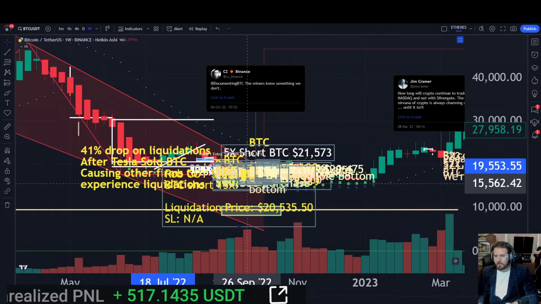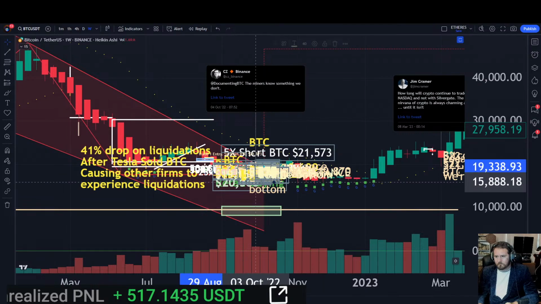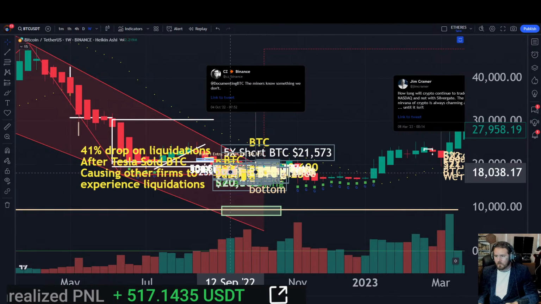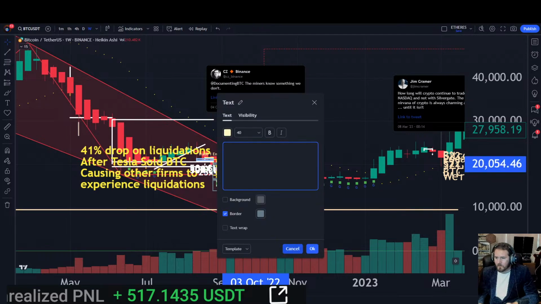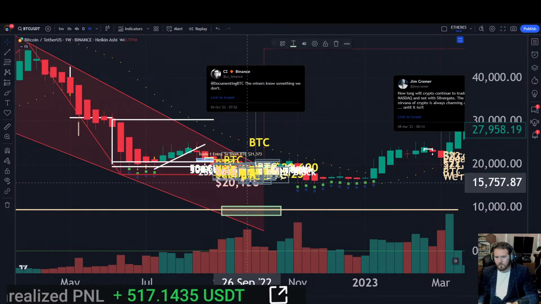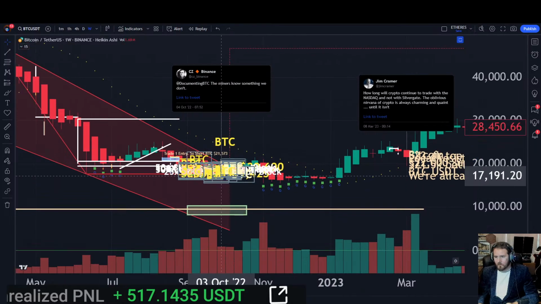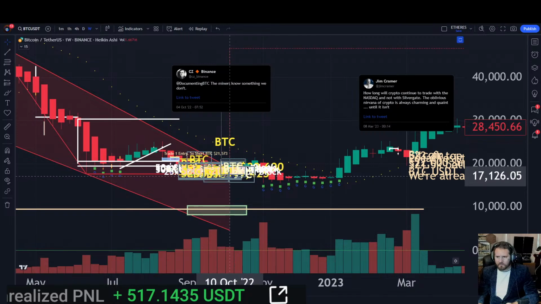I probably have so many things right here to delete just to clean this chart. I see more downside still coming, so I'll talk about that after we go over this chart pattern.